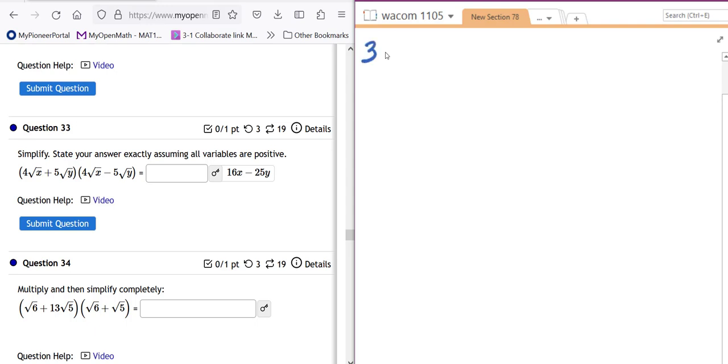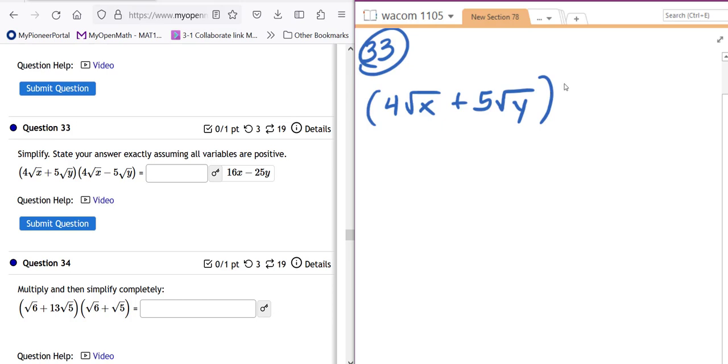I have too many pages. It won't let me get back through those. So 4 square root of x plus 5 square root of y times 4 square root of x minus 5 square root of y.